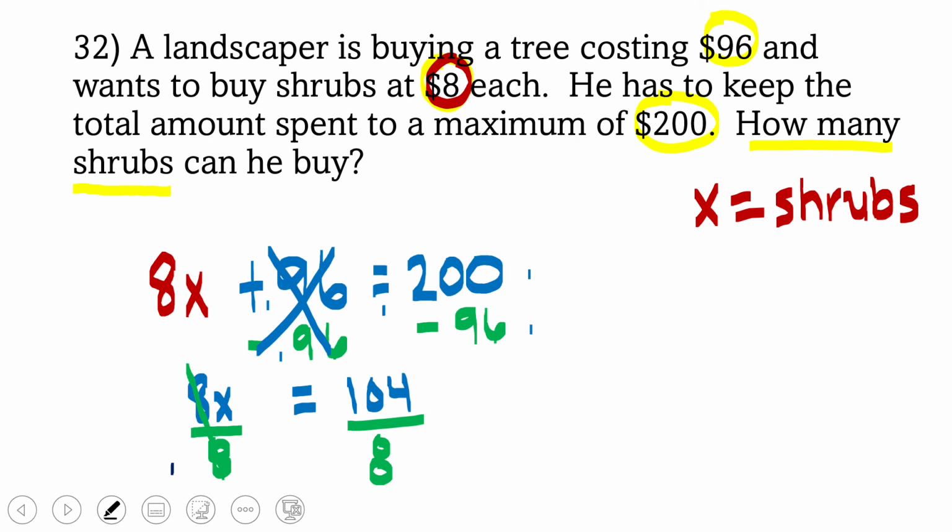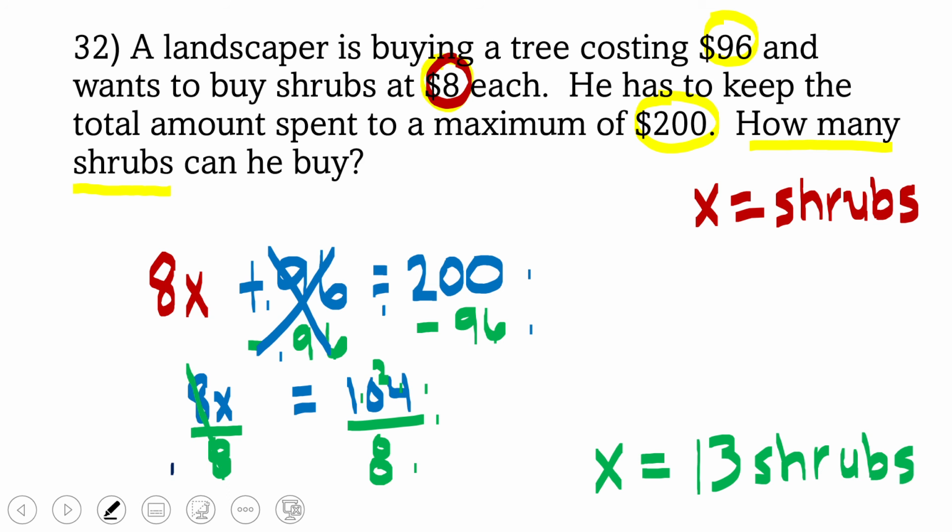This goes away, and we have x equals 104 divided by 8. 8 goes into 10 one time, that leaves 2. 8 goes into 24 3 times. He can buy up to 13 shrubs at $8 a piece, plus have his tree.